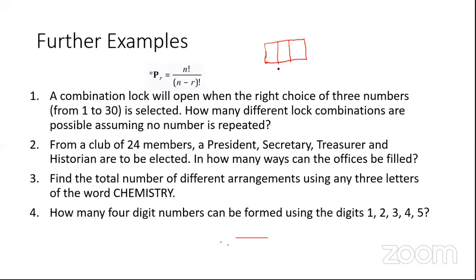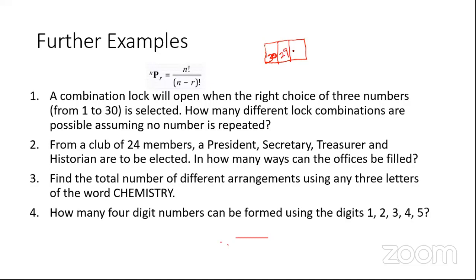So what you have to do for the first one, since we have 30 numbers, I have 30 different choices of filling this. So if out of those 30 I've picked one, I have 29 left. So to fill in the second one, I have 29 different options.